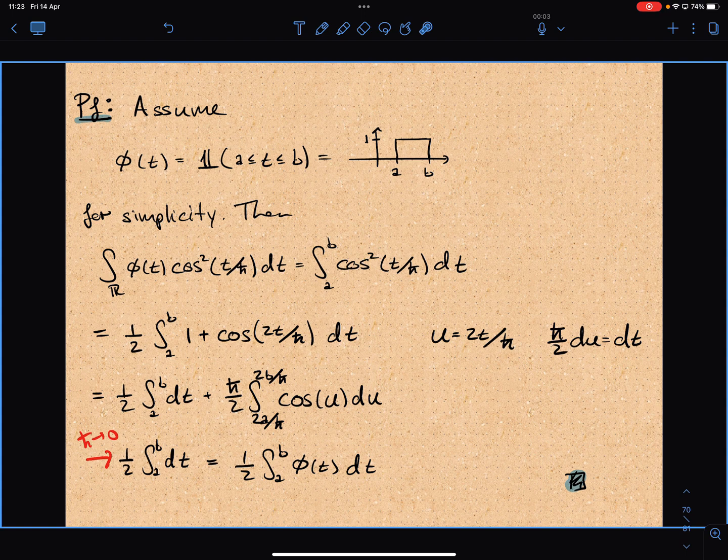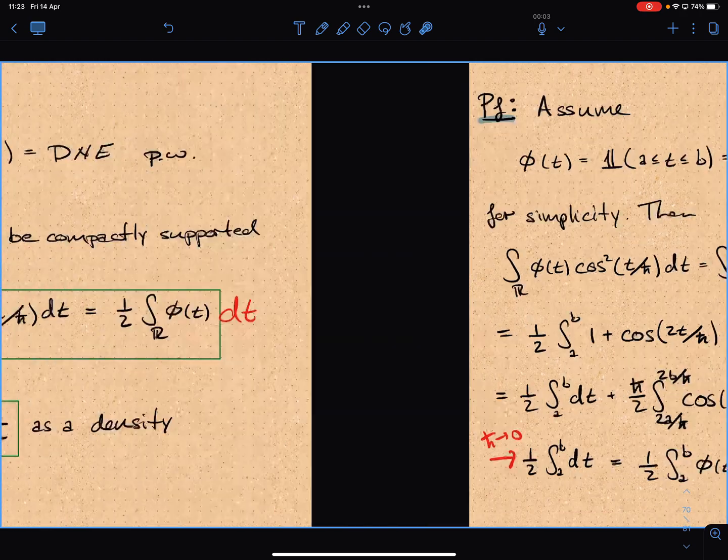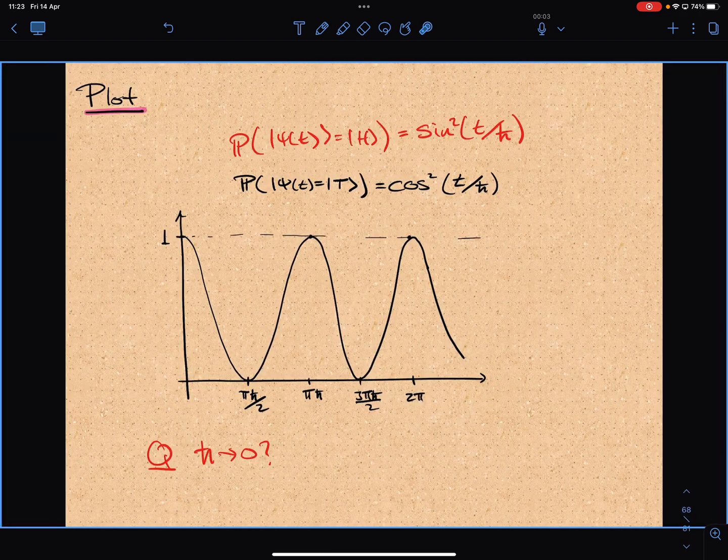For me, this whole example is very satisfying, because first you can actually compute what the probability is going to be, and it's going to be oscillating between heads and tails.